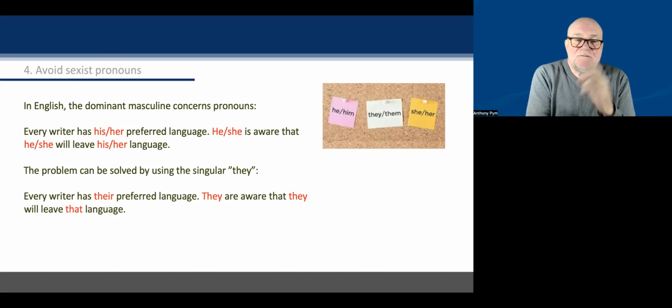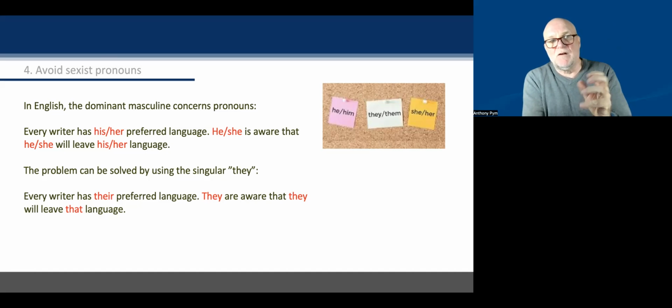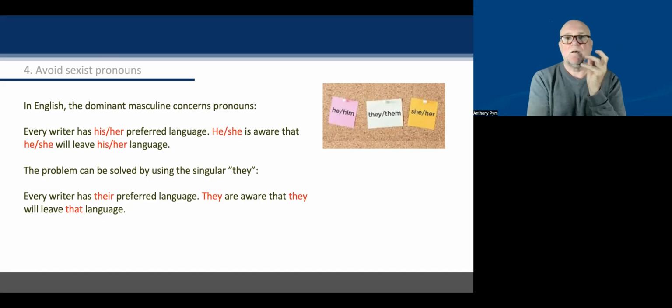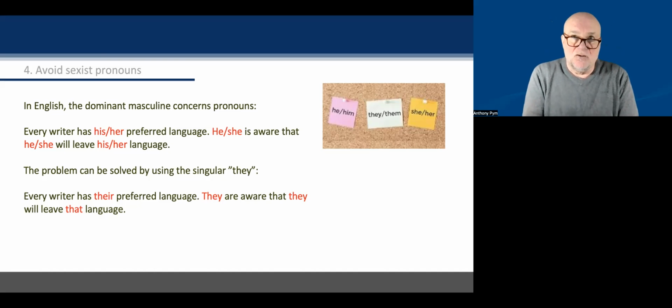So perhaps 50 years ago, we would have written, every writer has his preferred language. And we would have assumed that his is a masculine representing all other genders. Okay, and that was the assumption, but it was the dominant masculine. And this is ideologically unacceptable in our day and age.